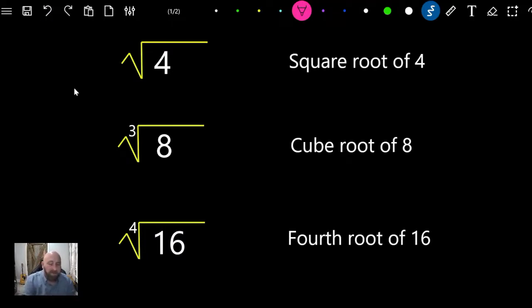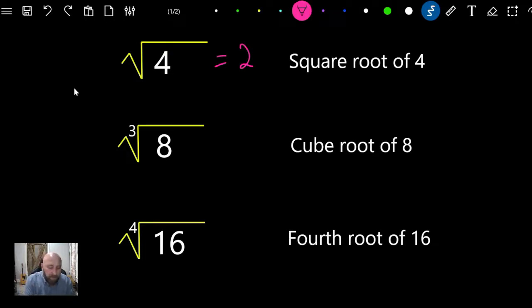So you wouldn't ever really do that, so you'd put a 2 here. The square root of 4 is, I'll just go ahead and solve that, 2. Why is it 2? Because 2 times 2 equals 4. So that's how we would say that. Square root of 4. Remember, we don't have to put an index there. It's an understood square root if there's no index showing.